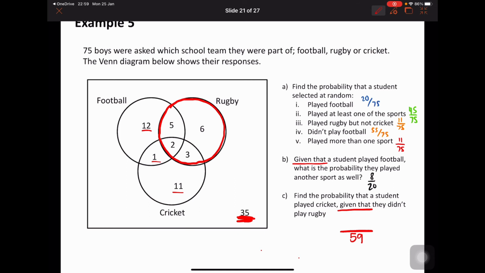Find the probability that a student played cricket. So out of these 59, how many students played cricket? This one and this one, so 12.